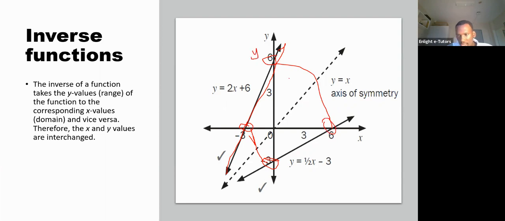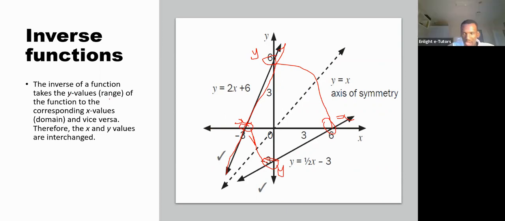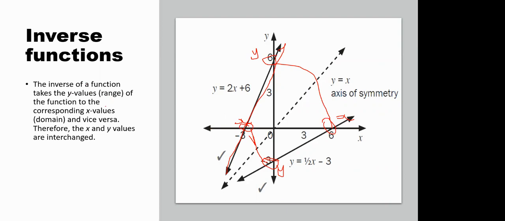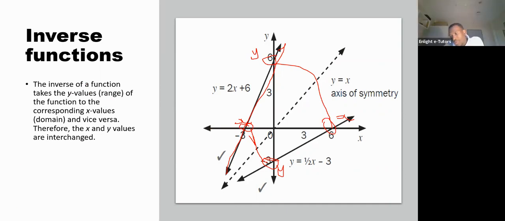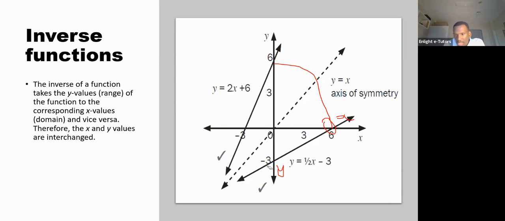This is y here, this is x here. This is x here, this is y here. You understand? Then you take your range and make it a domain, you take your domain and make it a range. Okay. That's what the inverse is all about. You're just taking the inverse and stuff.